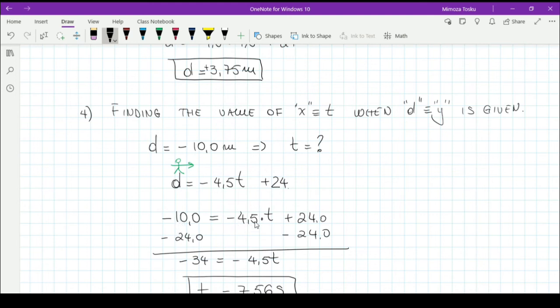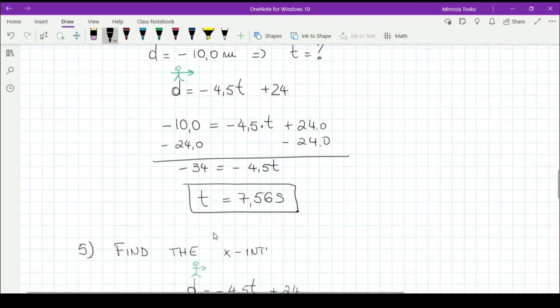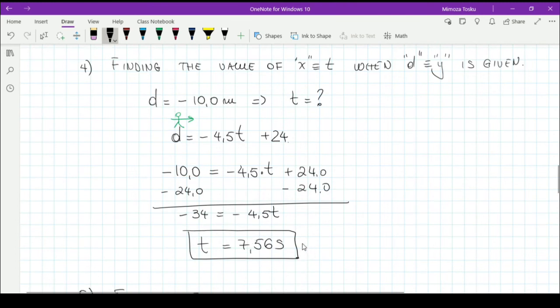Negative 10 is equal to negative 4.5 times t plus 24, and then we solve for the variable t, which will be 7.56. Physically, that means at 7.56 seconds, you will see a displacement 10 meters away from the original position in the negative direction.